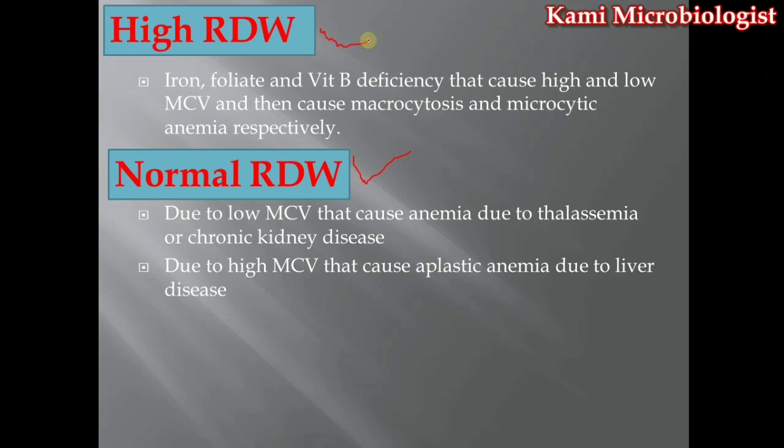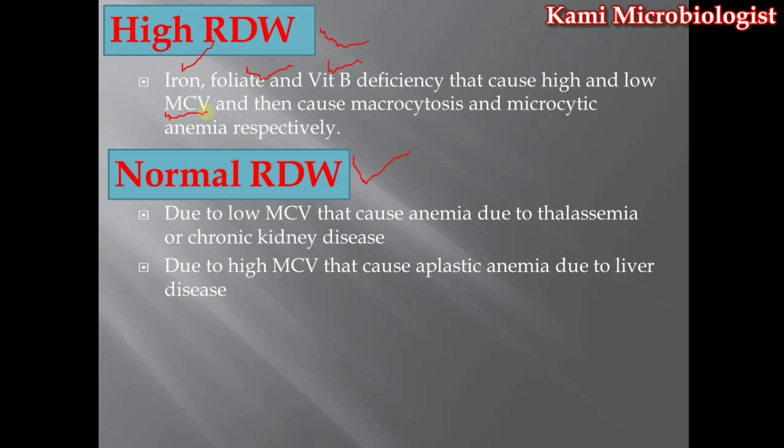Now let's see in which conditions the RDW gets high. Remember guys, we know that iron, folate and vitamin B12, these three substances can maintain the MCV in the normal range. Now if they are deficient, the MCV value sometimes gets high, sometimes gets low.